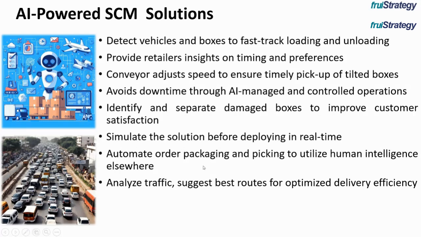Then automate the order packaging as well as picking. And then analyze for transportation and distribution, analyze the traffic and suggest the best routes that it can go. All this can be automated to the fullest. And you'll see that the respective bots and agents will be responding to you, automating the activities and auto-triggering for you to take the next step without you digging into the details of it.